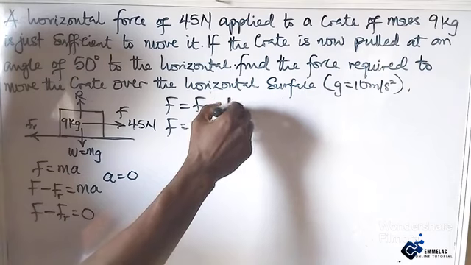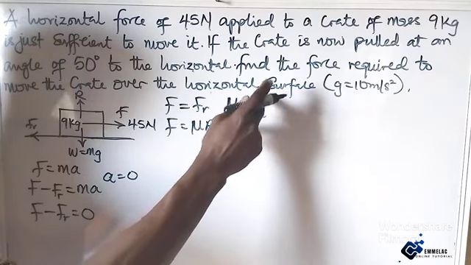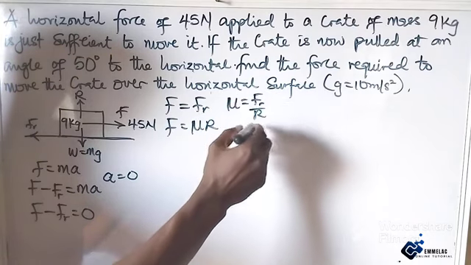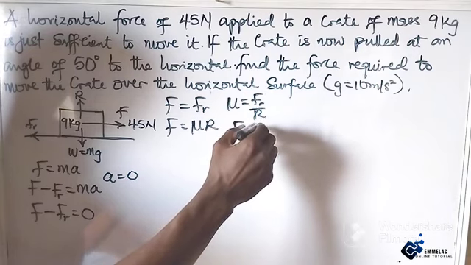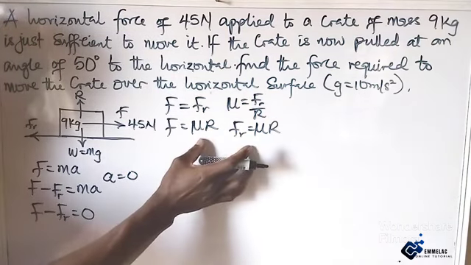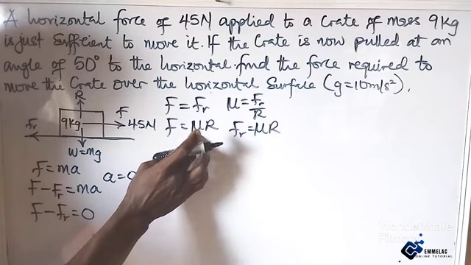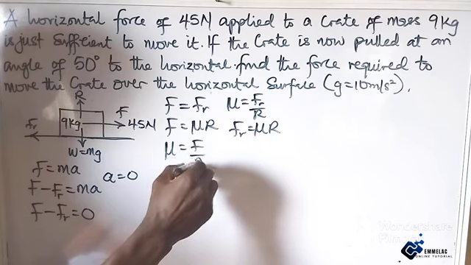Let's take note that coefficient of static friction equals force over reaction. So with this, we can now make mu the subject of the formula. Mu equals the force over what?